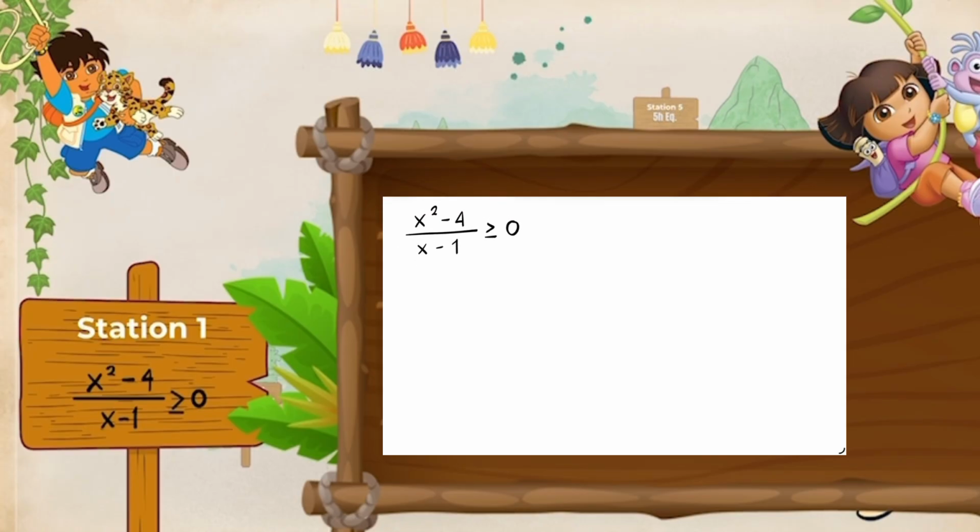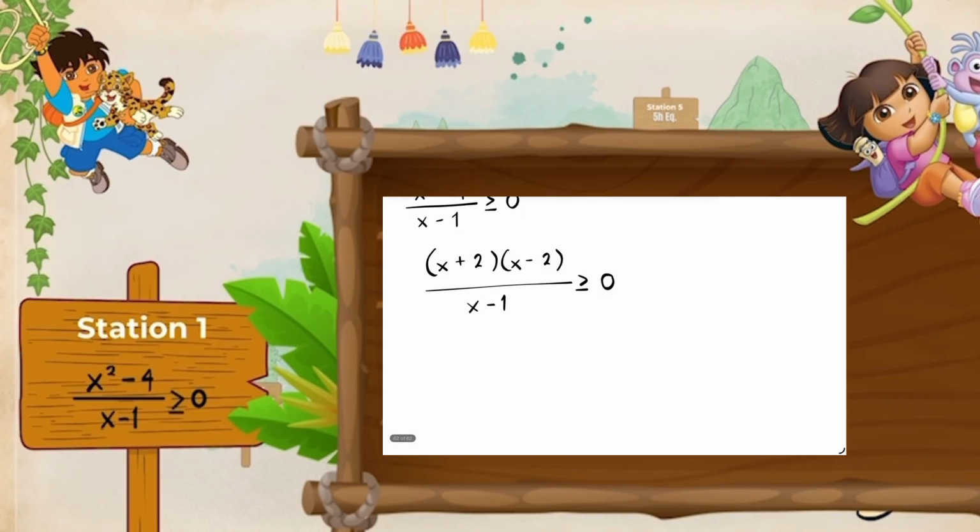The factors of x squared are x times x. Since it's negative, one is positive, one is negative. The factors of 4 are 2 times 2, over x minus 1 is greater than or equal to 0.